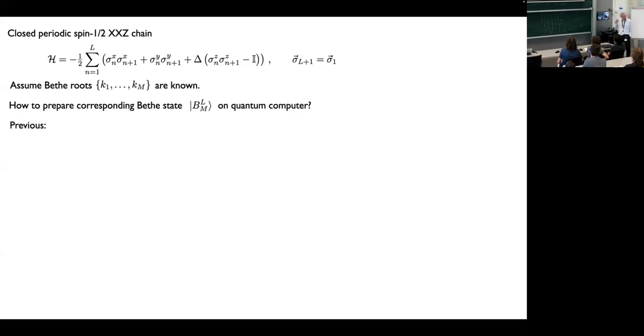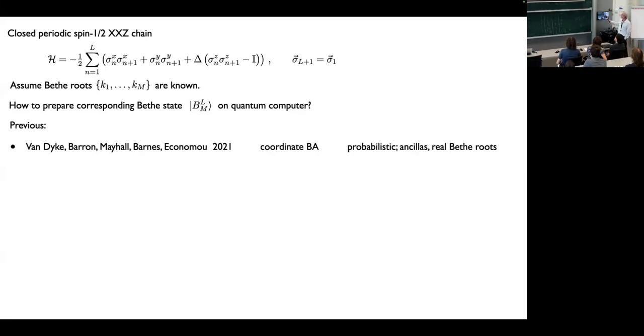Several groups have been looking into this question. The Virginia Tech group back in 2021 found an algorithm based on the coordinate Bethe ansatz that I just described. In fact, the first step of that algorithm is to prepare a Dicke state. That's how I got introduced to Dicke states, by trying to understand their algorithm.